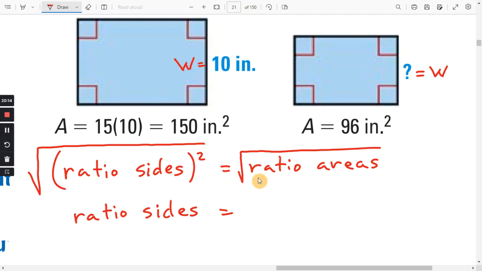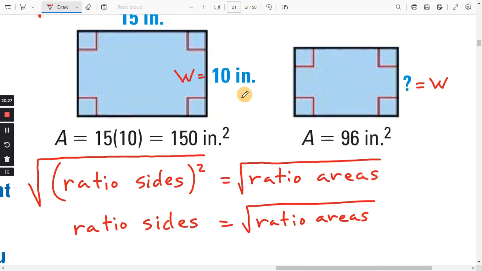So we would need to take the square root of the ratio of the areas in order to get the ratio of the sides. So let's do that.